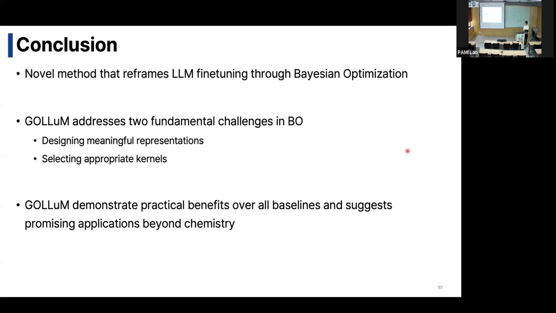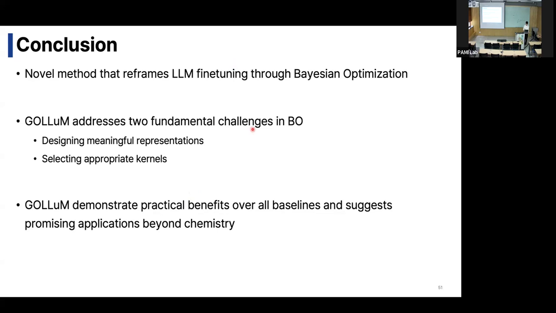So to summarize, this paper reframed LLM fine-tuning as a Bayesian optimization problem and proposed GOLLuM, a framework that enables joint training between Gaussian process and LLMs. GOLLuM directly addresses two fundamental challenges in BO.